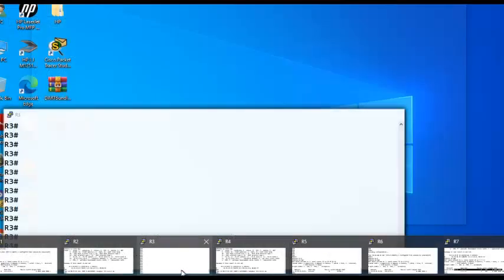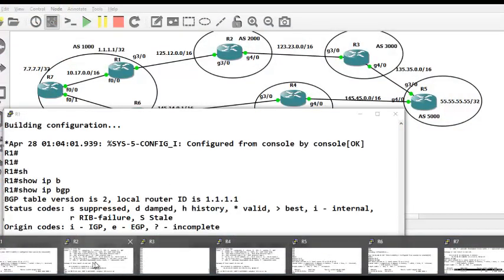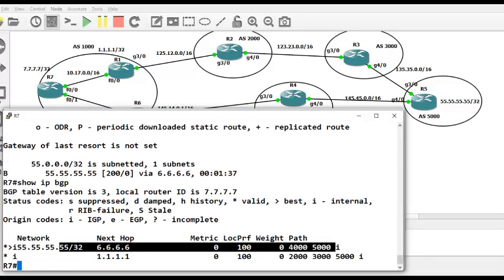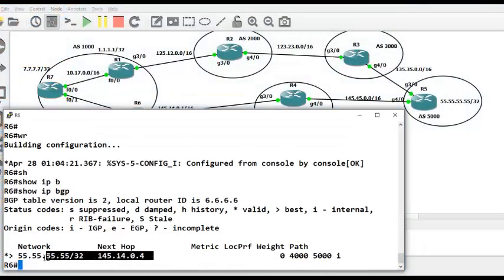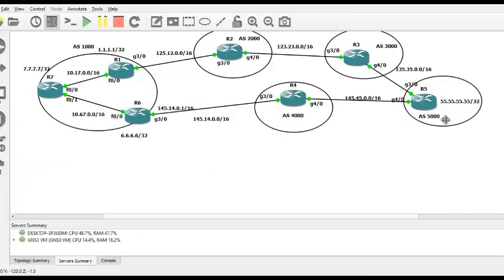I'll go to R7. Before that, I also want to show you in R6. In R6 also you don't have a route via R1. You don't know. You have only one route. Only the EBGP routes. Both in R1 and R6 you have only EBGP routes. Via IBGP you don't have a route because R7 is not giving.